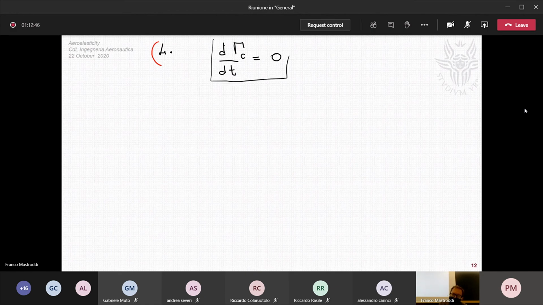This is also known as, do you know the name of this theorem? Kelvin theorem. Okay, Kelvin theorem.